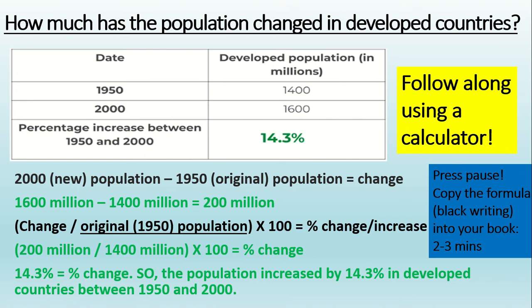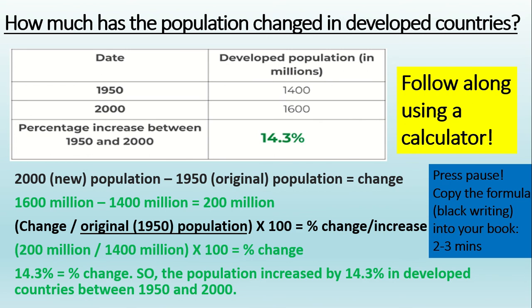So to work out percentage increase, we need to follow along what's written in the black font here. So the first thing we do is we minus the original population, which is 1400 in 1950, from the new population, which is 1600 in 2000. And that will tell us the change.